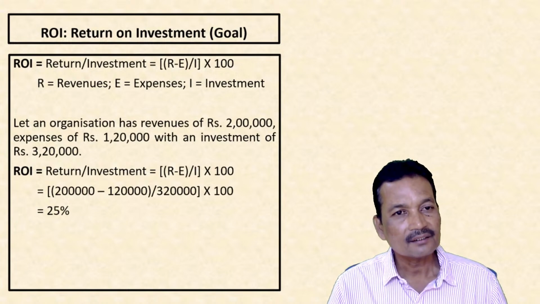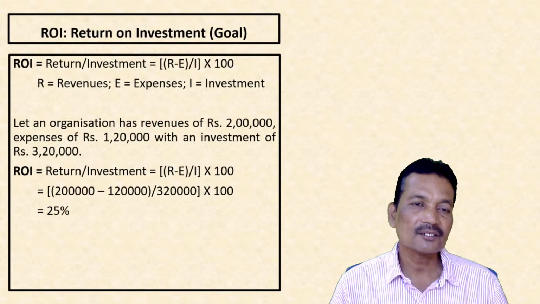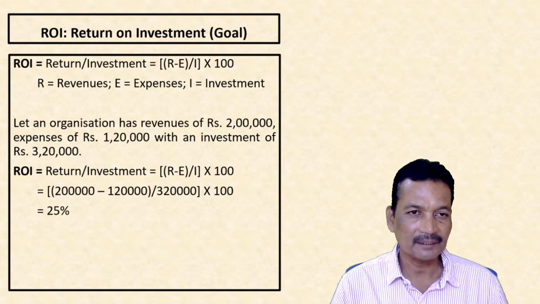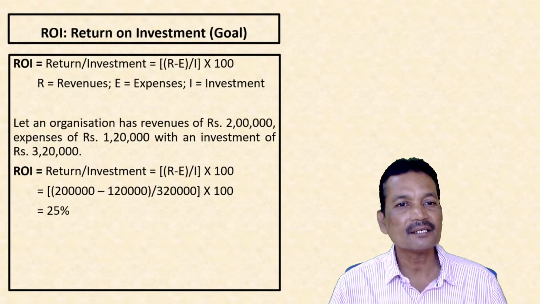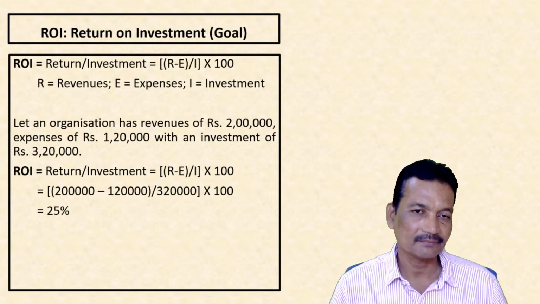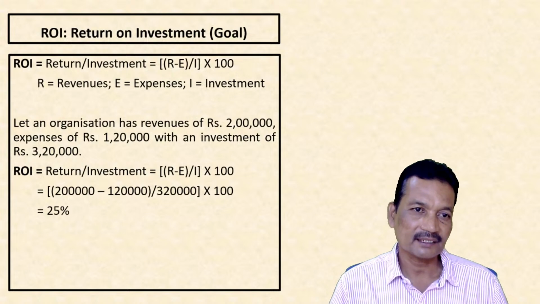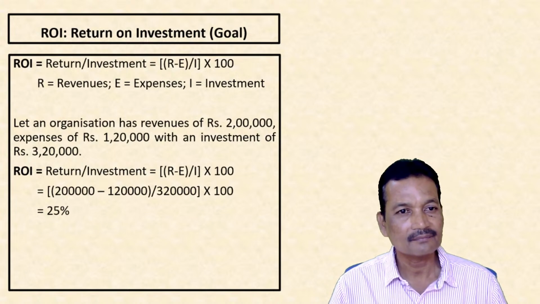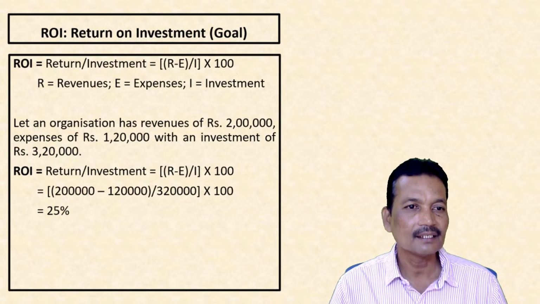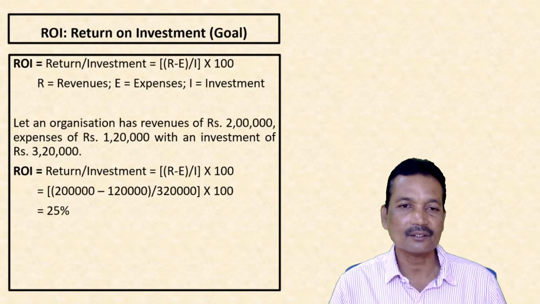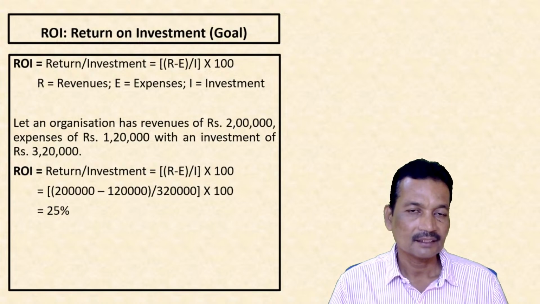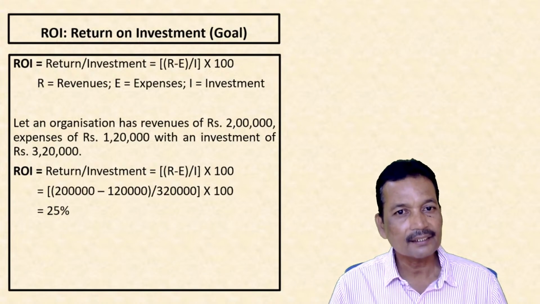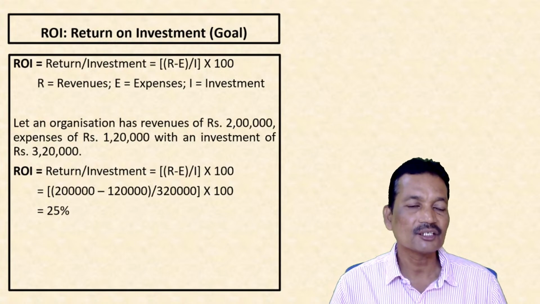When we say return, it is the expression of profits. That means profit can be found by comparing the revenues and expenses. Revenues minus expenses will give us the return, and when we divide the return by the investment, we get the ROI in decimal terms. If we multiply that by 100, we'll get it in percentage terms.